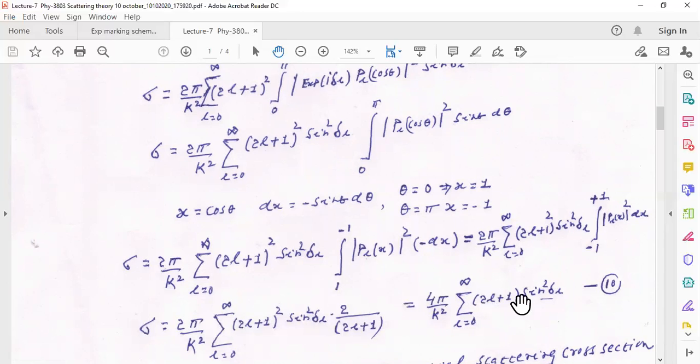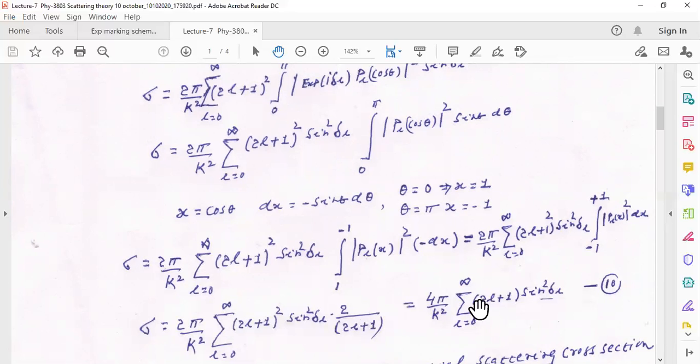Because this is 2l plus 1 square and this is 2l plus 1, the 2l plus 1 cancels, so it becomes 2l plus 1 sine square delta.